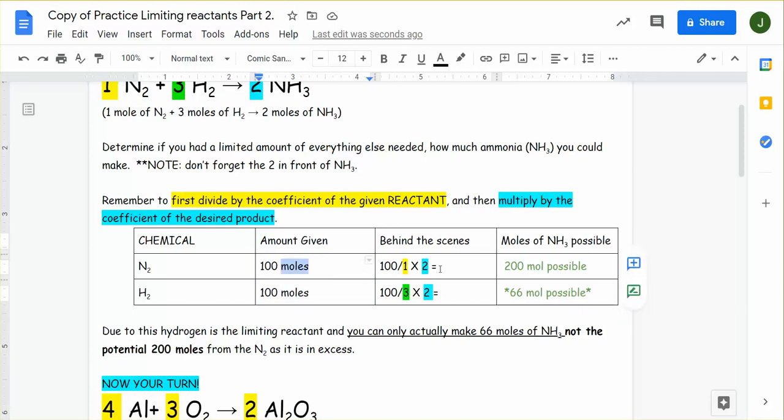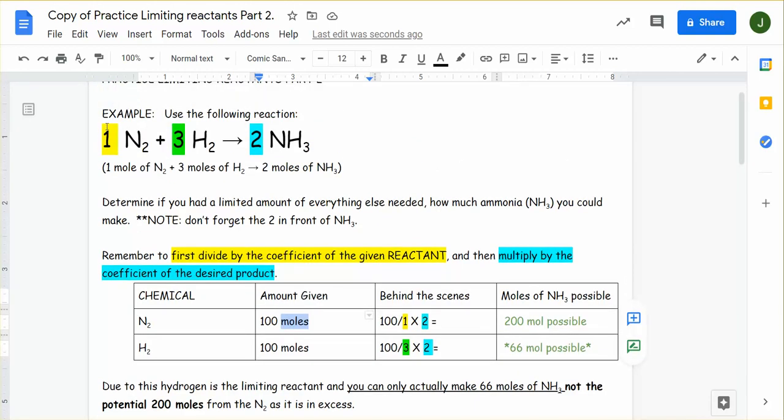When we calculate how many moles of ammonium are possible to make, we're assuming you had enough of everything else that was needed. If this was like a recipe, that's what these molar ratios are talking about.